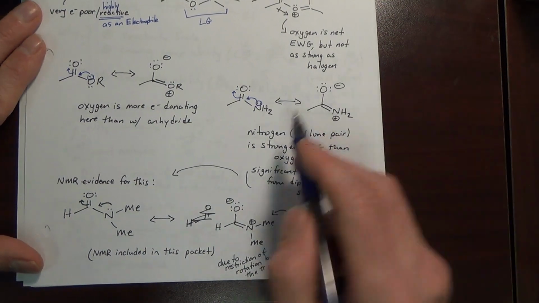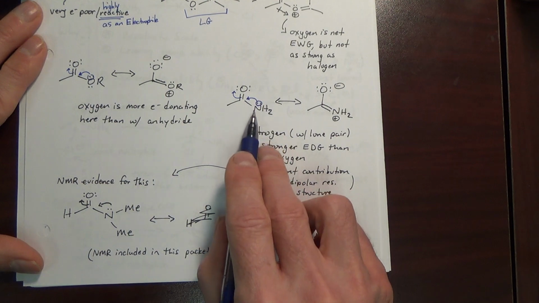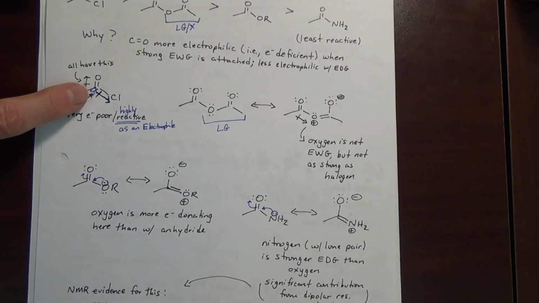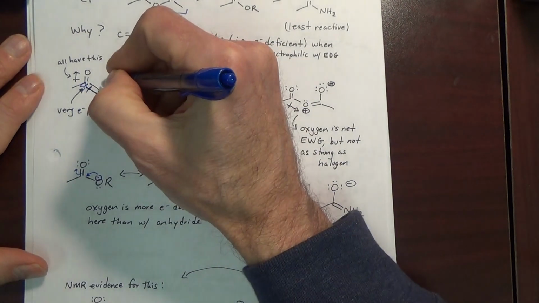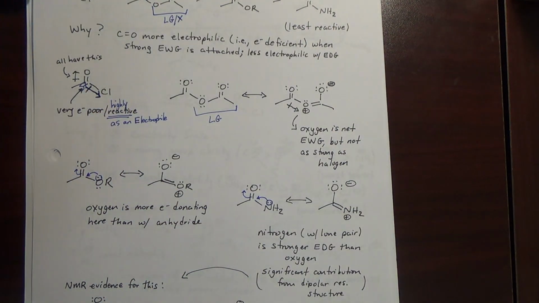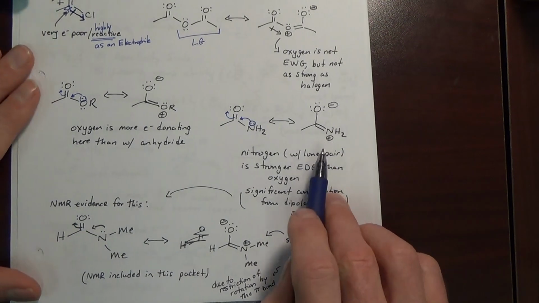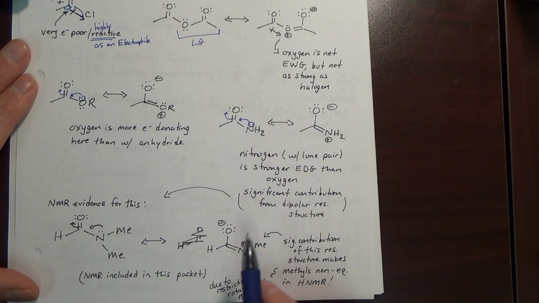All right, so we have a strong donation into the carbonyl by the nitrogen. That's on the other end. Compared to the chlorine, its net effect is strong withdrawing. Okay, yes, it can donate by resonance, but with halogens typically they withdraw strongly inductively, but the nitrogen donates strongly by resonance.